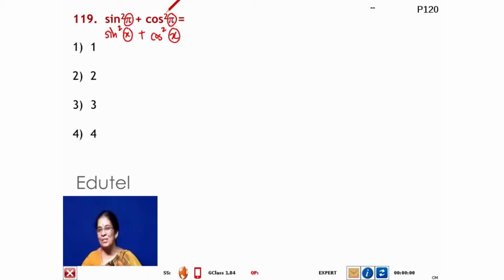So again you can take sine square x plus cos square x equal to 1. So sine square pi plus cos square pi also will be equal to 1. It will not change. Even if you change the angle x, the same trigonometric identity you can use.